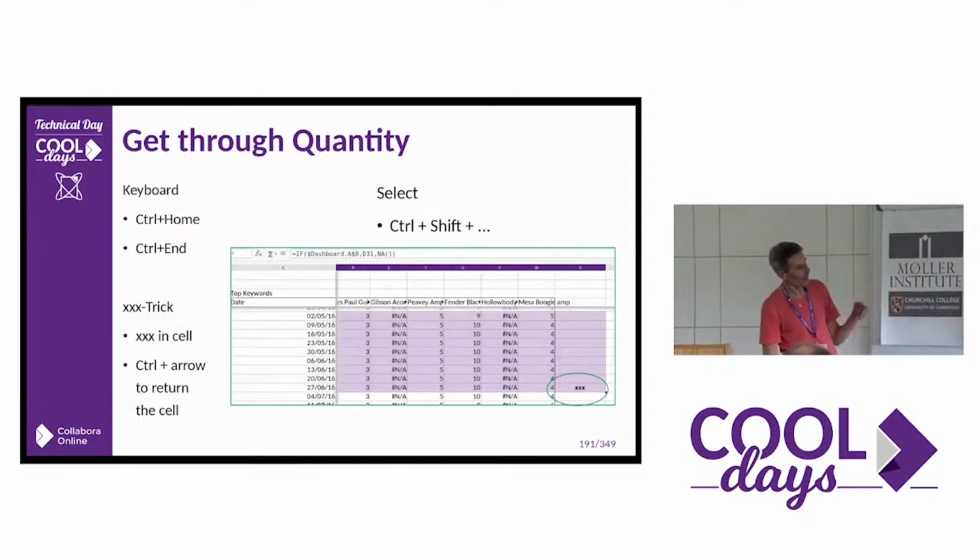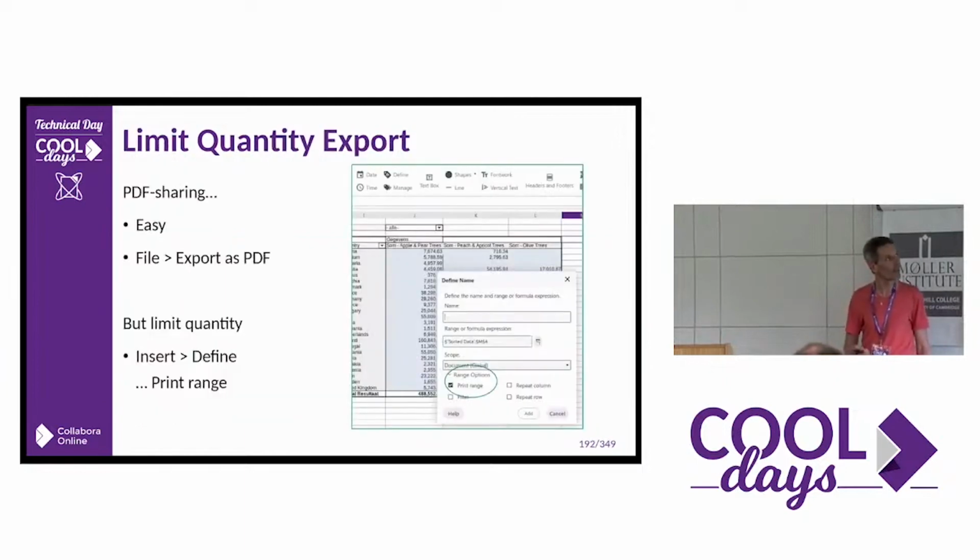And typically I just put in some X's in an empty cell, and Control arrow, I get back to the same position fast. Or what you can do as well is an undo later on, and you will jump back to that same position. Those are the simple tricks to go to certain positions fast.